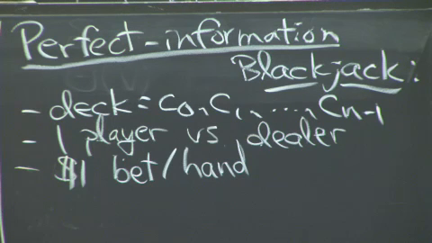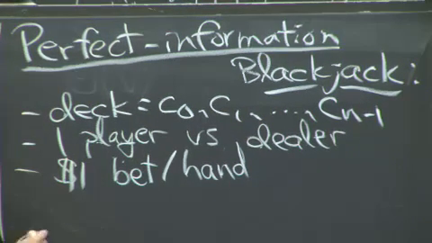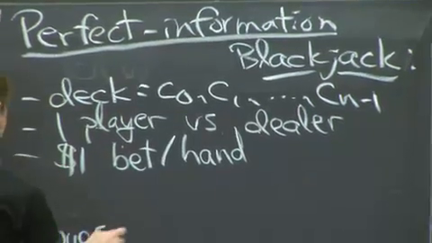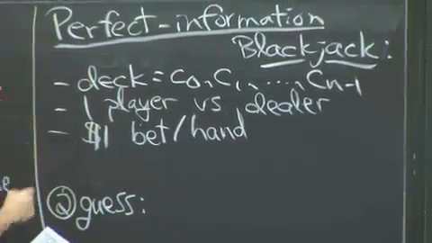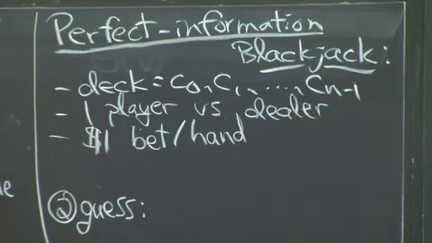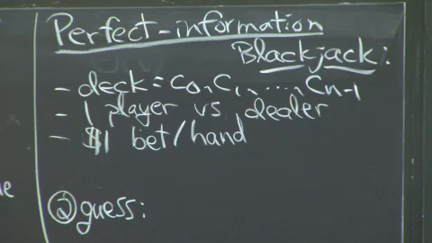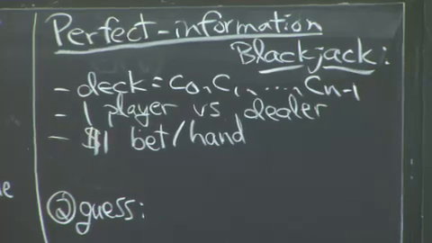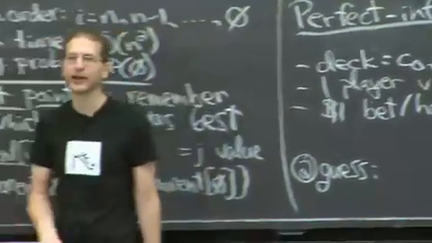So our guessing, let's jump ahead to the guessing part, is whether we want to hit or stand given a card. Actually, it would be easier to think about an entire play, an entire hand. We're going to guess how many times should I hit.